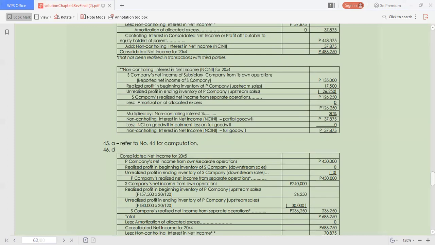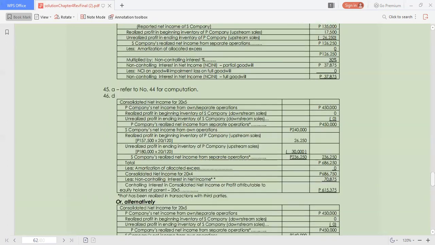So number 45 is letter A based on this computation. And number 46, the consolidated net income for 20x4 is 486,250. So now we have the answers to numbers 43 to 47: number 43 A, number 44 C, number 45 A, 46 D as in dog, and 47 A.